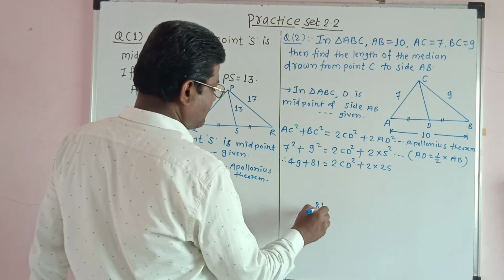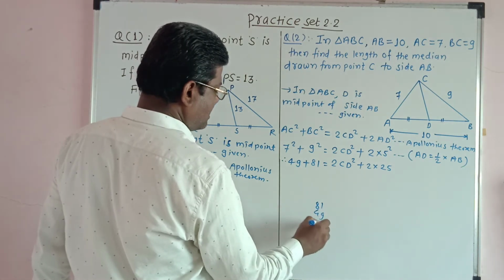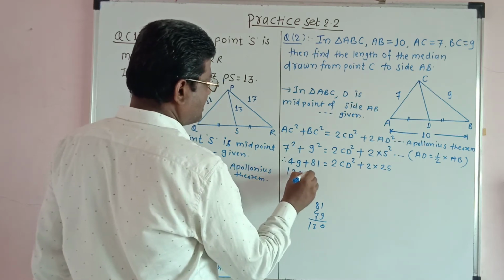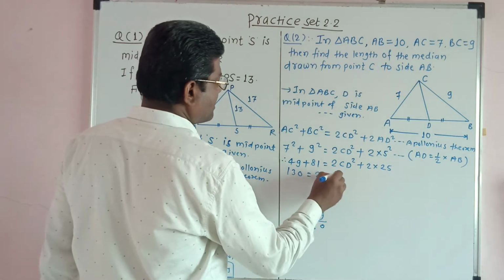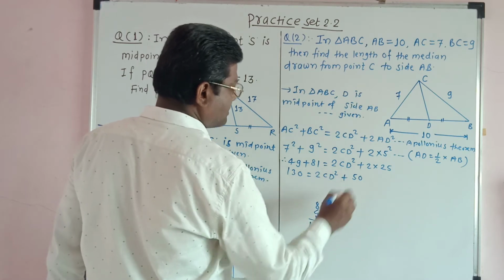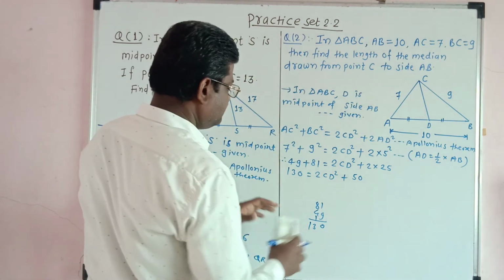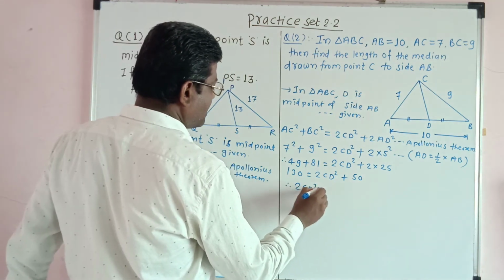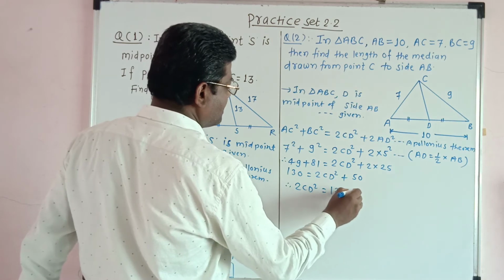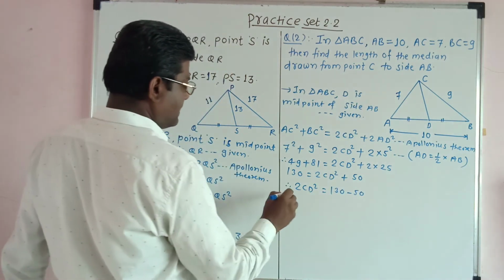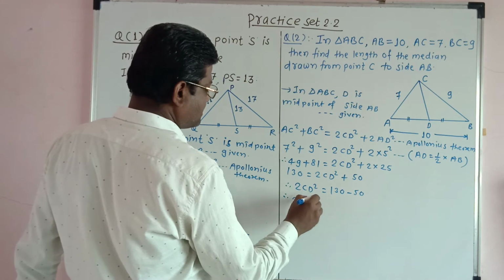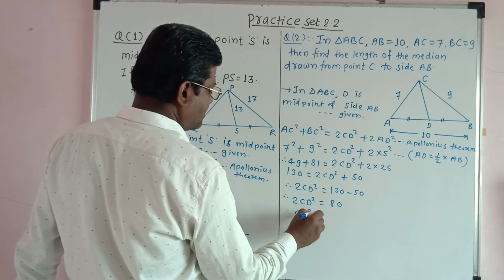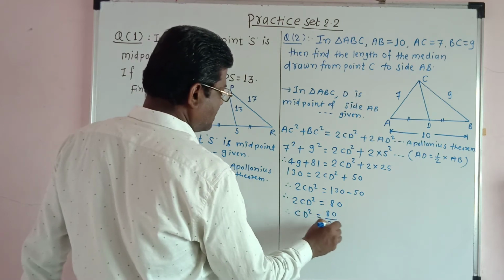Now 81 plus 49 is 130, is equal to 2 CD square plus 2 into 25 is 50. Therefore 2 into CD square is equal to 130 minus 50. Therefore 2 into CD square is equal to 80. Therefore CD square is equal to 80 upon 2.